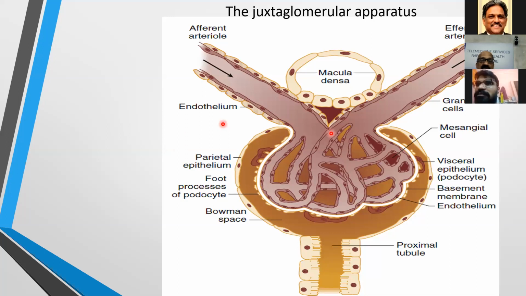This is a portion of the thick ascending limb of the loop of Henle, which has specialized cells with chemoreceptors in them, sensitive to ions, especially sodium, and they respond to the sodium changes within the tubule here. The cells of the capillary endothelium are baroreceptor in nature, sensitive to pressure changes.